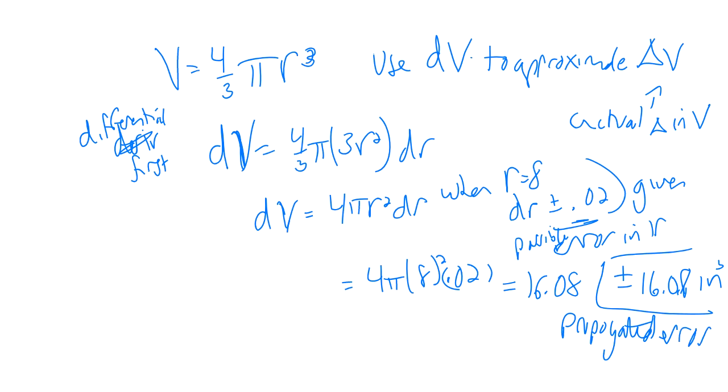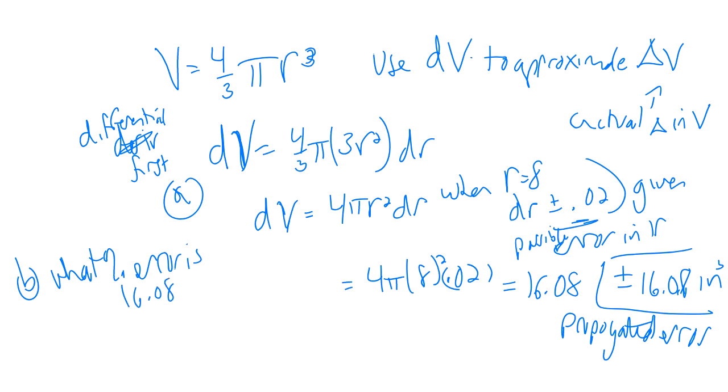That would be part A. And then I said there's a part B, which is what percent error is 16.08? Because that sounds kind of big compared to the 0.02 that we had for our possible error in the radius. Suddenly in the volume, we have this giant propagated error.